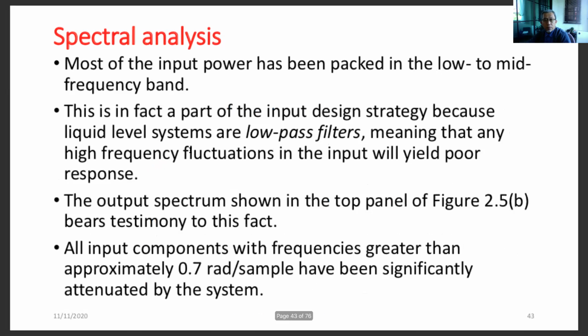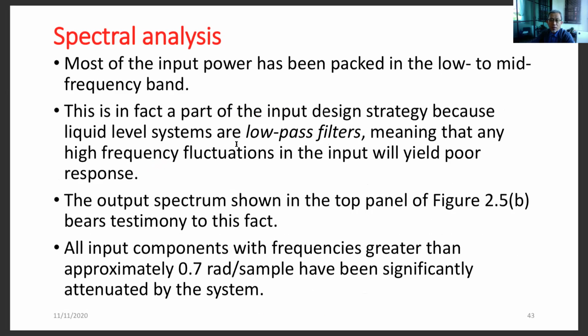You can see that the input power has been packed in a low to middle frequency band. So this liquid level system is a low pass filter. There is no high frequency, meaning that any high frequency fluctuation will give a poor response.